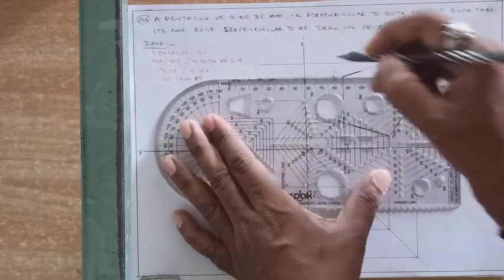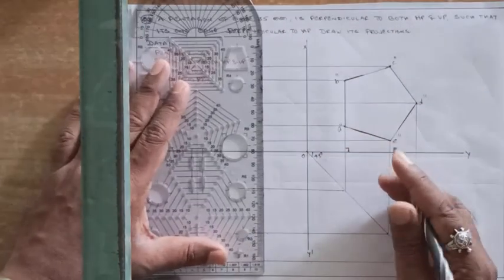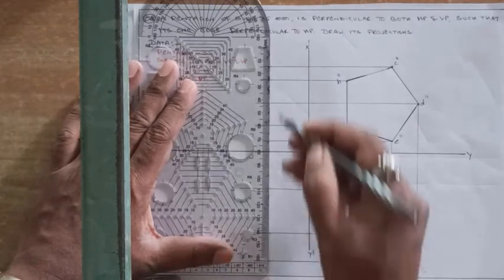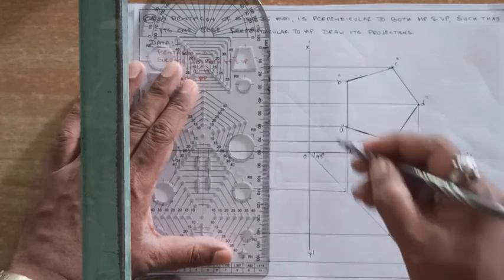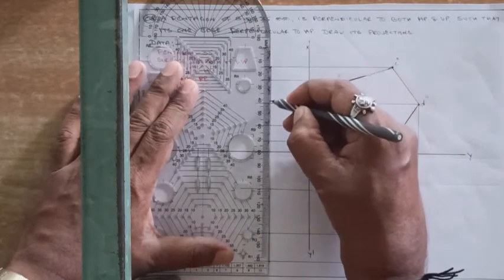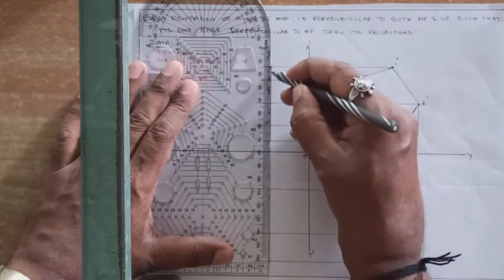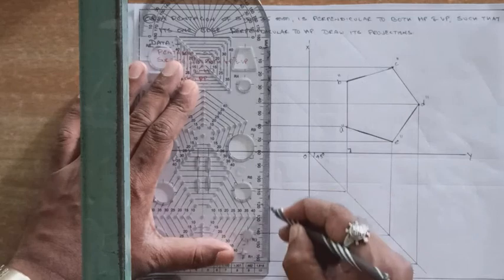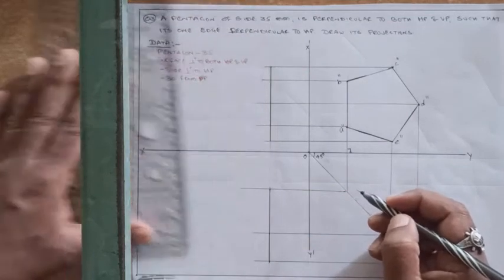You can use a 2H pencil for this. Now at a convenient distance, draw one vertical thin projector. Right. Now make the portion of this projector between the topmost and bottommost projectors thick, and similarly at the bottom, that is in the top view in the HP, also make it a thick line.